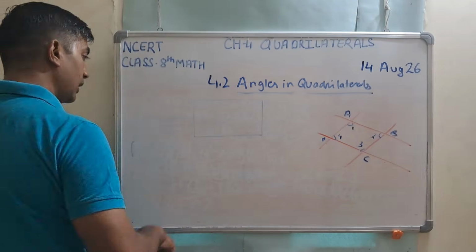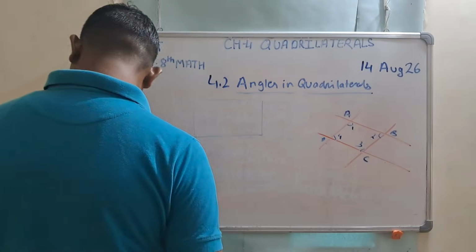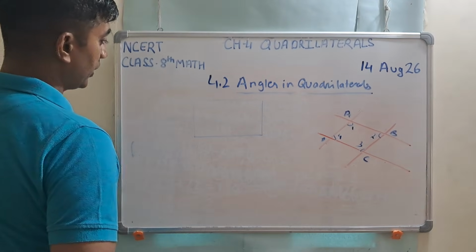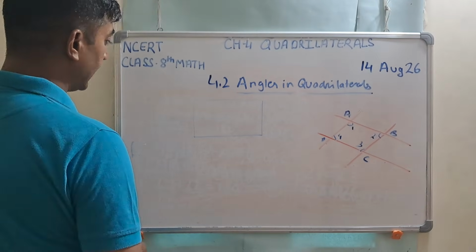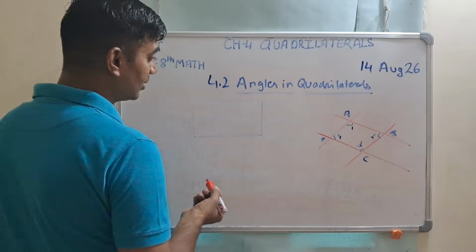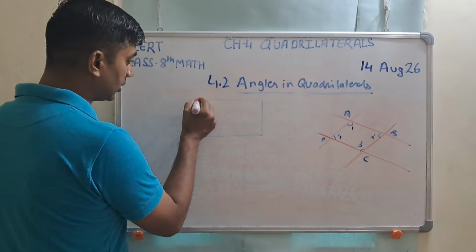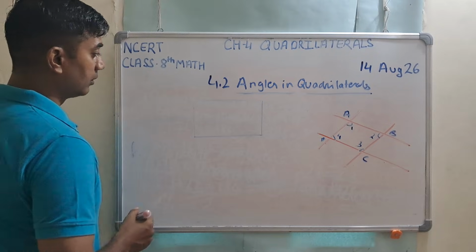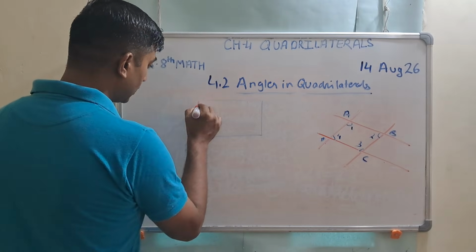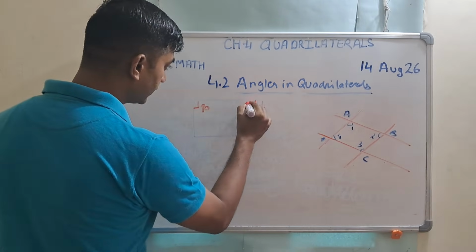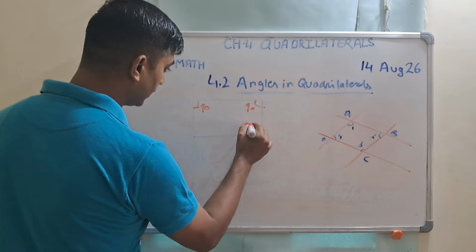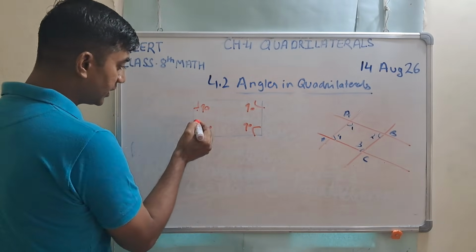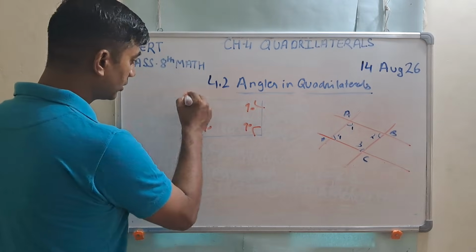If you take the example of a rectangle or a square, according to the definition of parallelogram, this is 90, this is 90, this is 90, this is 90. So we see that this plus this is 180.